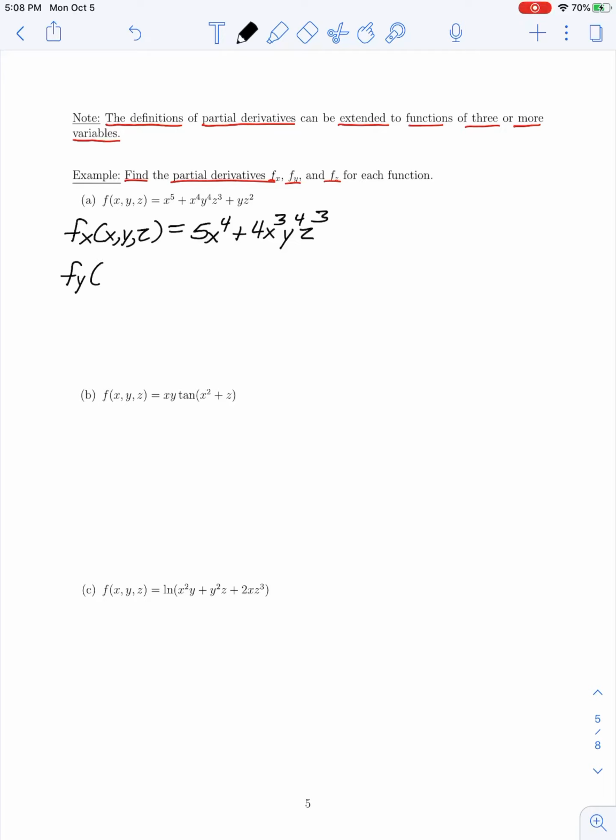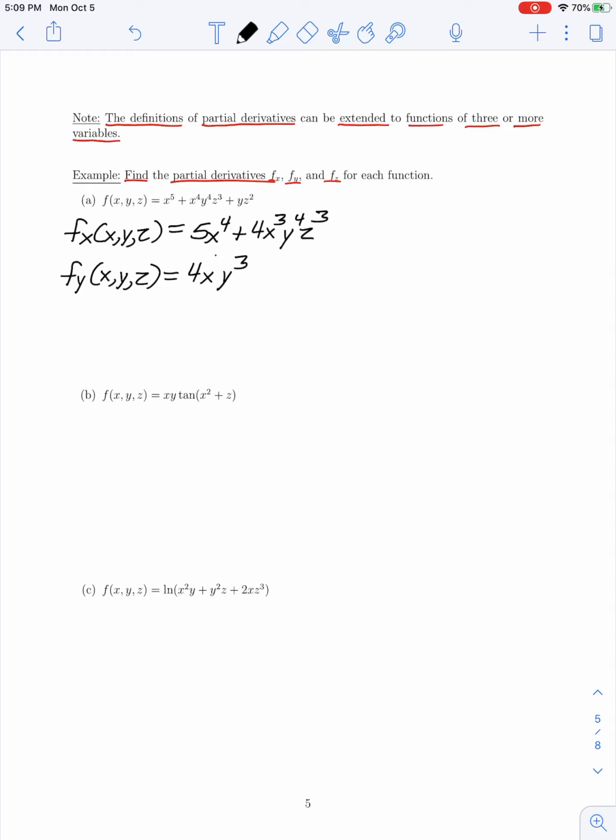Now similarly, the partial derivative of f with respect to y is found by treating x and z as constants. So the derivative of our first term, x to the fifth, would be 0, plus we have x to the fourth, and the derivative of the y to the fourth term would be 4y cubed.